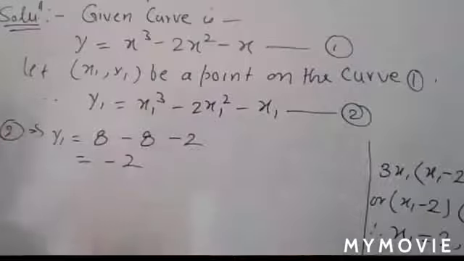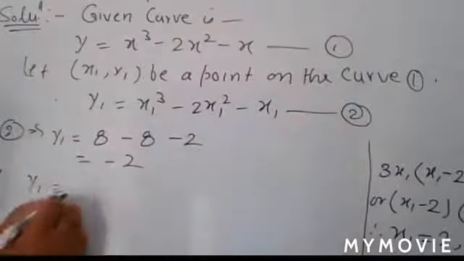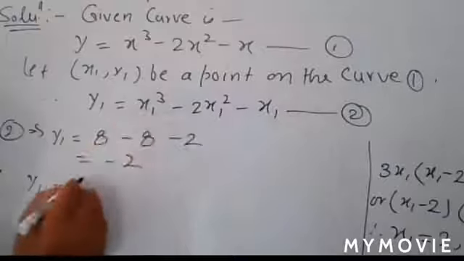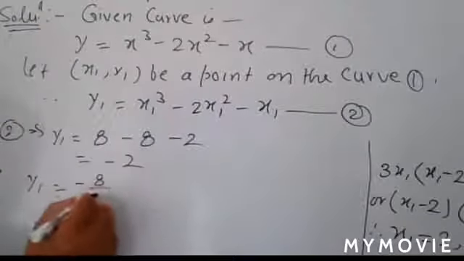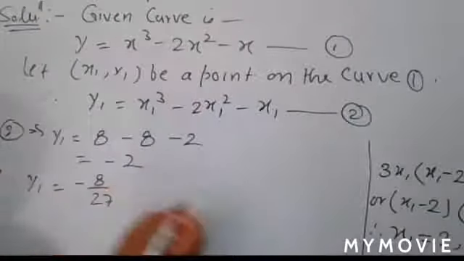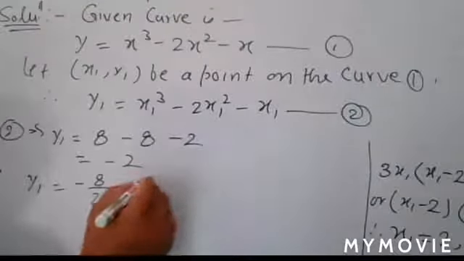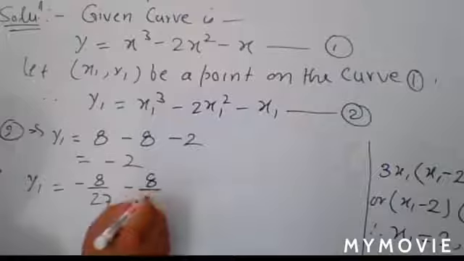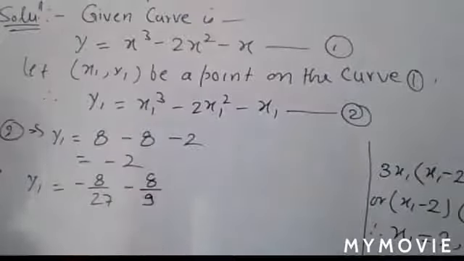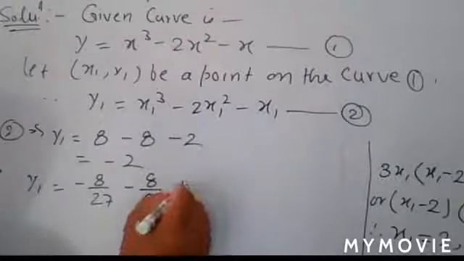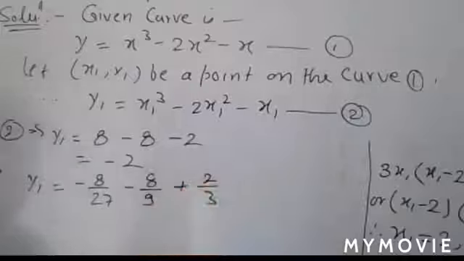And if you are putting here x equal to minus 2 by 3, so you have y1 is equal to minus 8 upon 27, and here you have minus 4 times 2 upon 9, that is minus 8 upon 9, and plus 2 by 3.